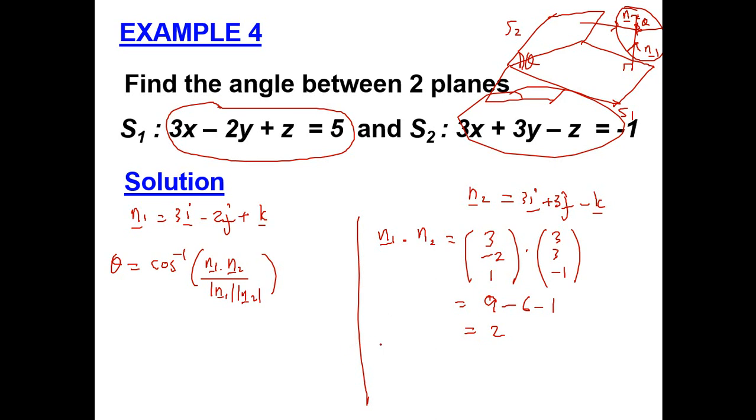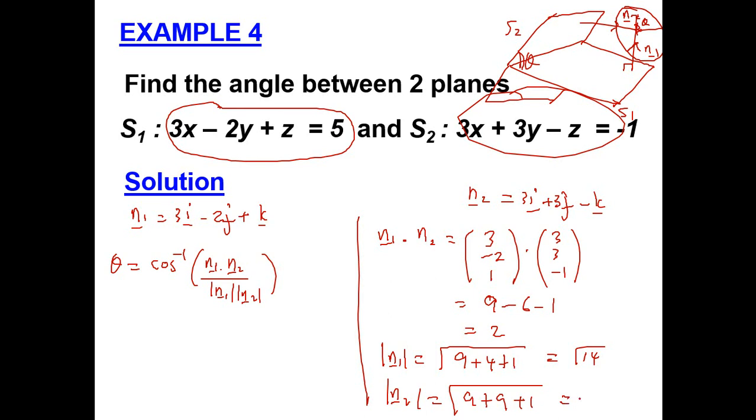Modulus N1: 9 plus 4 plus 1 is equal to 14. Modulus N2: 9 plus 9 plus 1 is equal to 19.